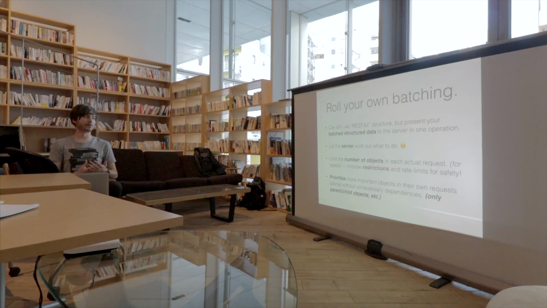So the solution that I came up with is just roll your own batching. You can still use the RESTful structure, and you probably should, but when you're sending data to the server, send all of the data that you can and let the server work it out. This is more of a server-side issue, and it's very challenging to solve there, but if you limit the number of objects you can send, maybe 10 in one request, it'll just process them all in the order it prefers.